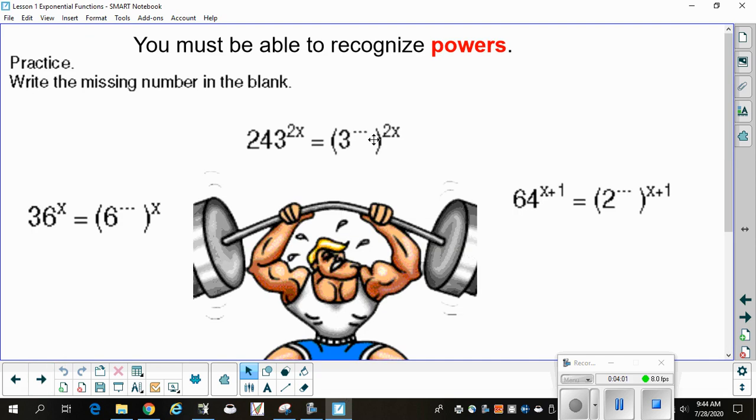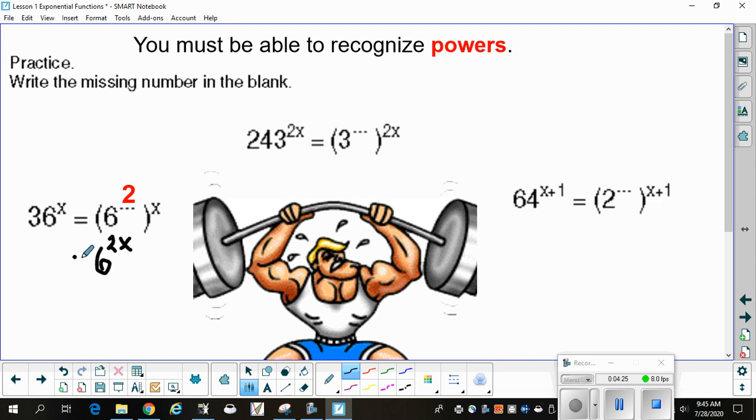Great. Now, one thing that you've got to be able to do is recognize powers, or just like I did with the 216, test things out. So here are a few to look at. 36 to the x. 36 I can change to 6 squared. That means then that I can have 6 raised to the 2x.